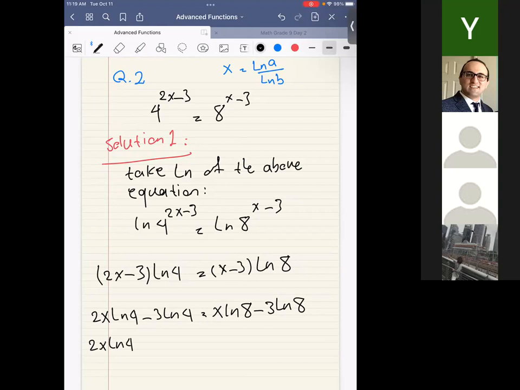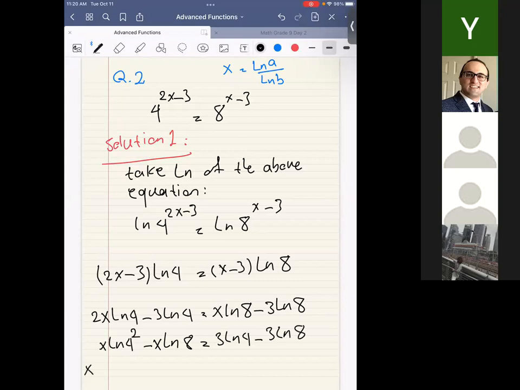And by the way, 2x times ln of 4, you can just say it's x times ln of 16, because you can remove this 2 and put it here. Minus x times ln of 8 is equal to 3 times ln of 4 minus 3 times ln of 8.